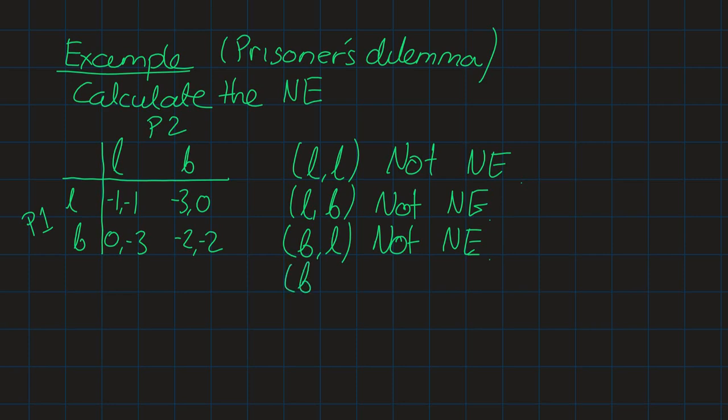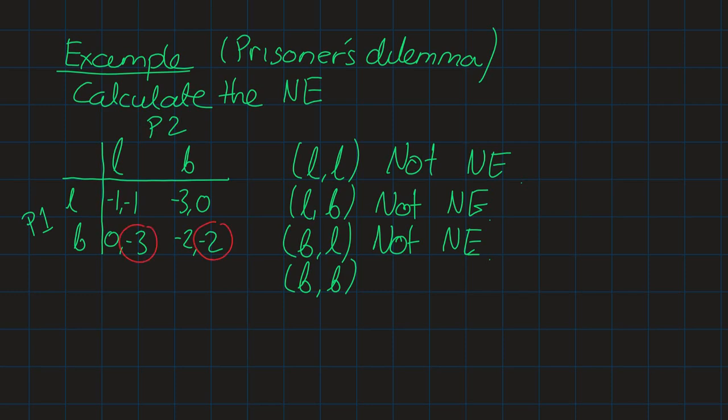Okay, the last possible outcome is BB, betray, betray, which is this one here. So let's think about what happens. If player 1 changes from B to L, they go from -2 to -3, which is not an improvement, right? That's actually getting worse. So player 1 is content. Player 1 has no incentive to unilaterally change. What about player 2?